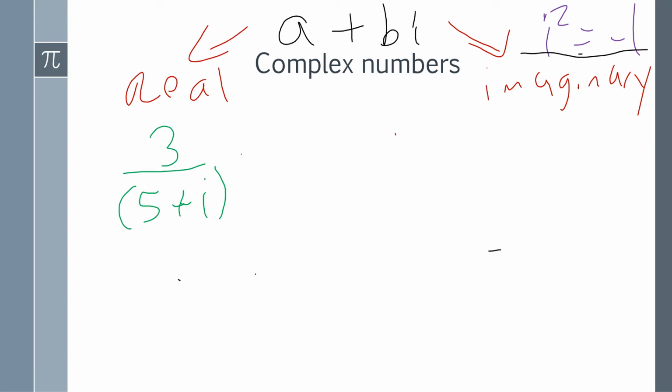Well, I can multiply by its conjugate. So the conjugate is going to be the opposite of the imaginary part. See how this was +i? Well, the opposite of that, or its conjugate, is going to be the -i. All right. With that being said, whatever you do in the denominator, you gotta do the same thing in the numerator.